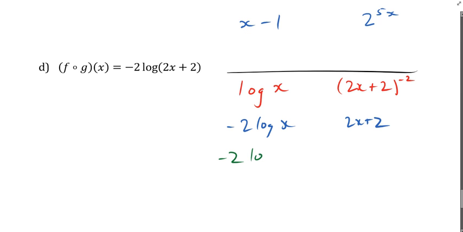Negative 2 log of 2x and then x plus 1. That'll work. There's all kinds of different combinations. What about negative 2x and then log of 2x plus 2? Lots of possibilities. Okay.